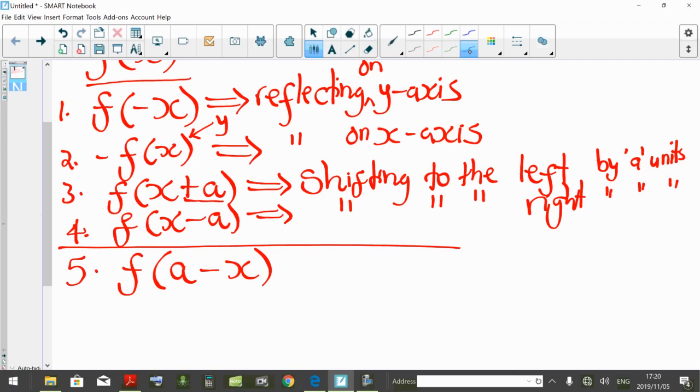The first transformation is the negative. Now, this is the same as the negative we spoke about there in 1. So what we're doing, we reflect. Since it's negative x, we're reflecting on the y-axis.